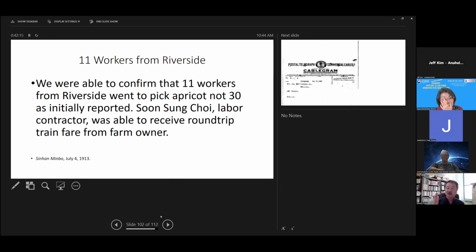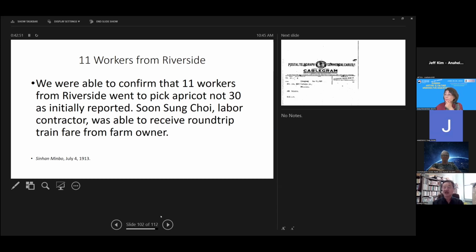At the time, David Lee, the president of the Korean National Association, sent a telegram to William Jennings Bryan saying, "We are not Japanese subjects, we are Koreans. Please recognize us as Koreans." Upon receiving this telegram, Secretary of State William Jennings Bryan declared Koreans in the United States are not Japanese subjects, but Koreans, and they will be represented by the Korean National Association.